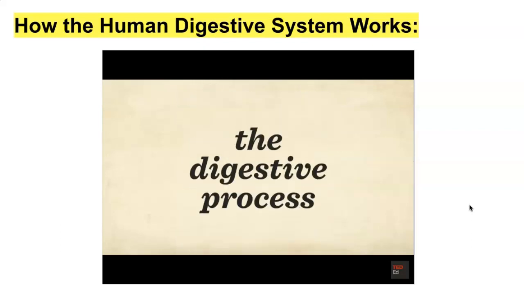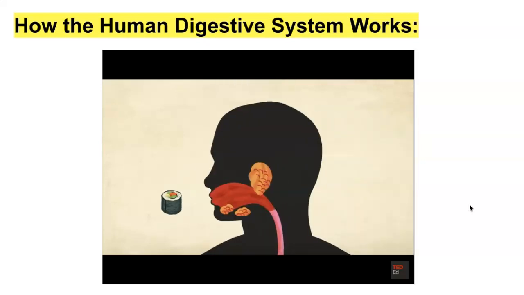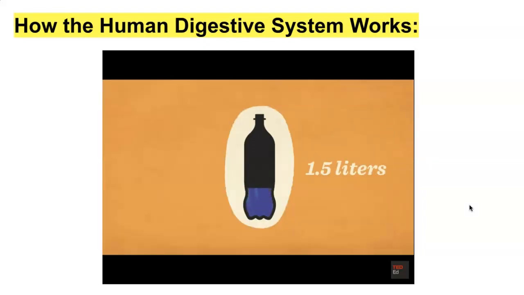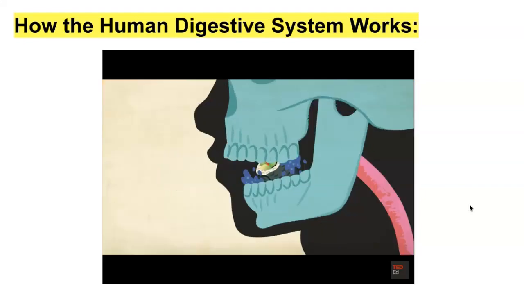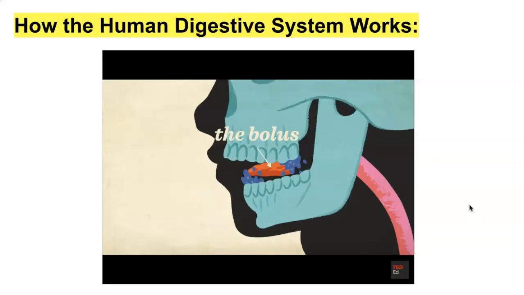The digestive process begins before food even hits your tongue. Anticipating a tasty morsel, glands in your mouth start to pump out saliva. We produce about 1.5 liters of this liquid each day. Once inside your mouth, chewing combines with the sloshing saliva to turn food into a moist lump called the bolus.